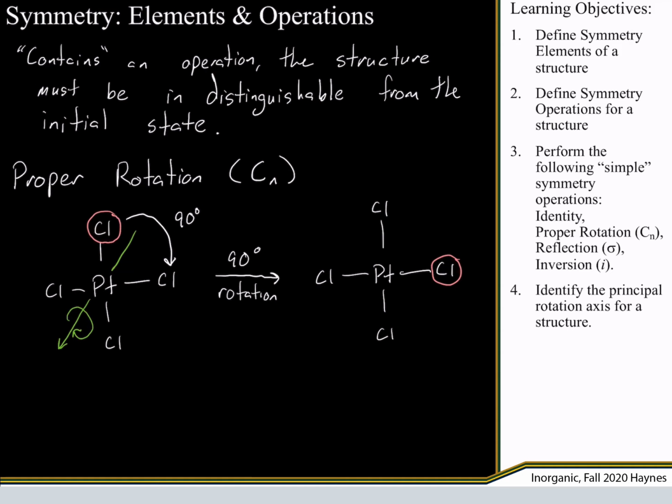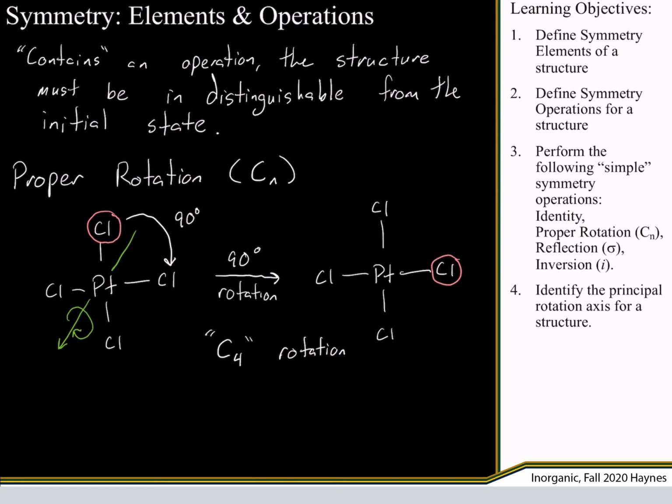So therefore, this is a symmetry operation that is present in this molecule. And how we define this, right, this value of n, is that we would call this a C4 rotation. It is a proper rotation. We're going to talk about improper rotations soon, but for right now, we're only looking at proper rotations.